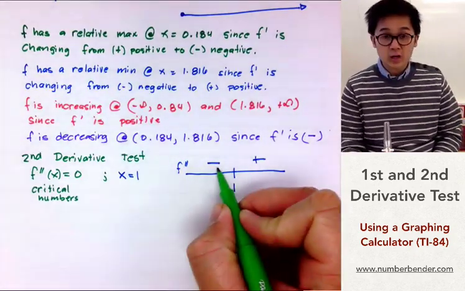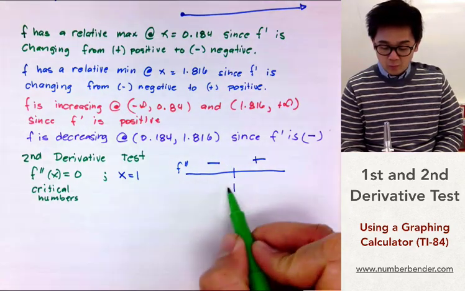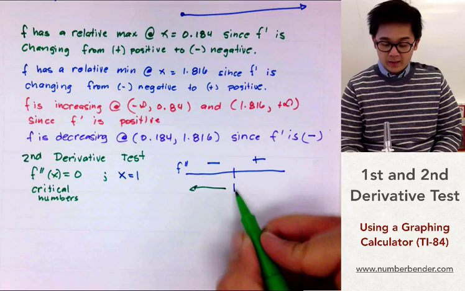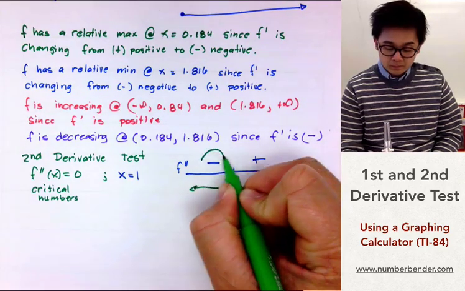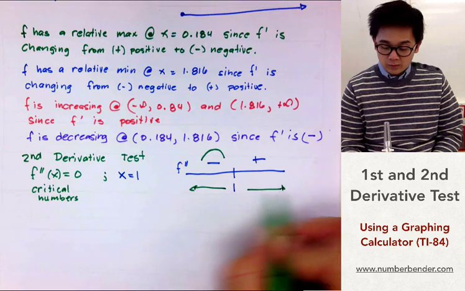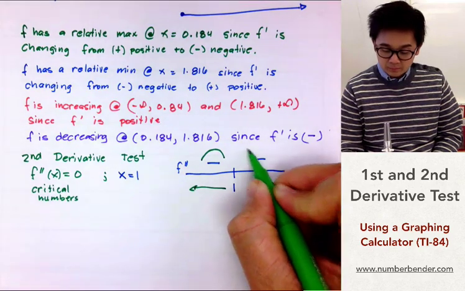So we know that it's concave down from 1 to negative infinity, and we know it's concave up from 1 to positive infinity.